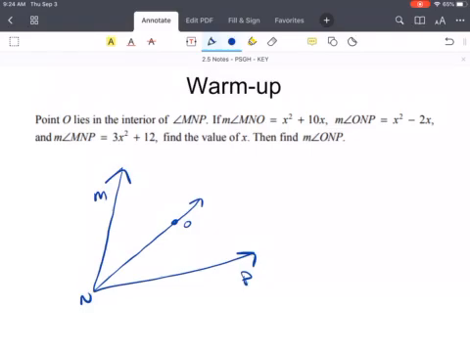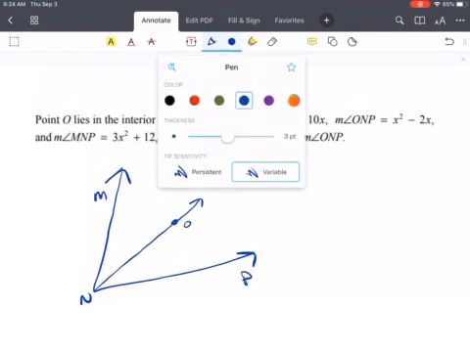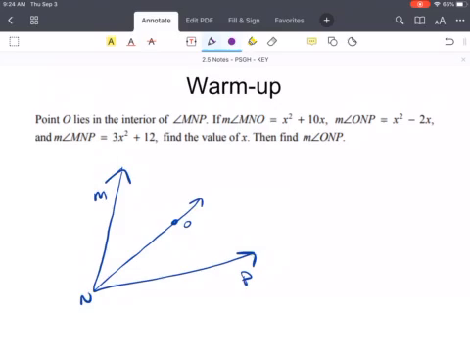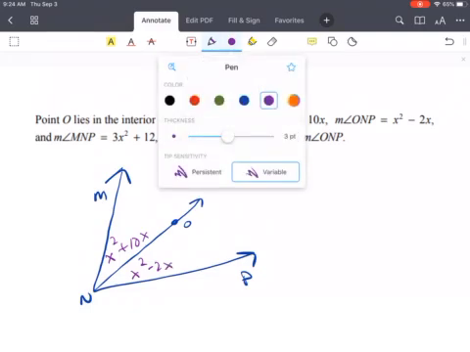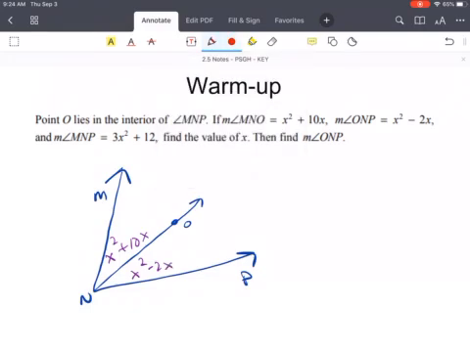Okay, based on the information, we need to be able to set up the problem like this. So we get that the two inside angles are going to add together and equal the outside angle there.